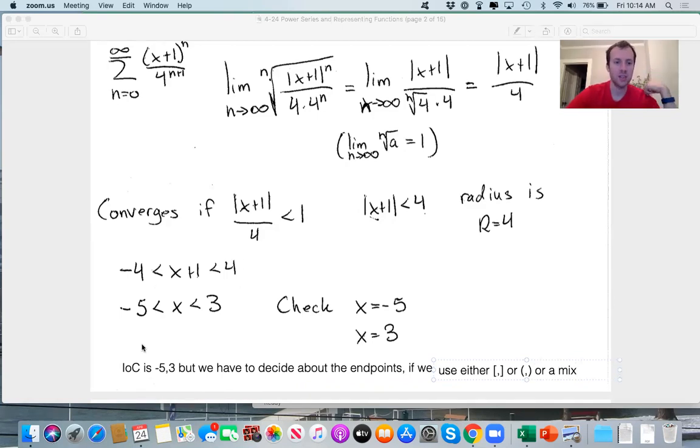So we know that the interval is going to look like this for some choice of brackets, but depending on what happens with the endpoints, we have to check those on their own. And this matches what we know coming from the radius, because from the radius, what we can say is that the center was negative 1. That's from the form here, x plus 1 says where the center is negative 1.